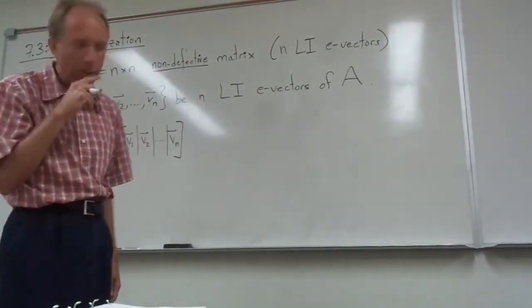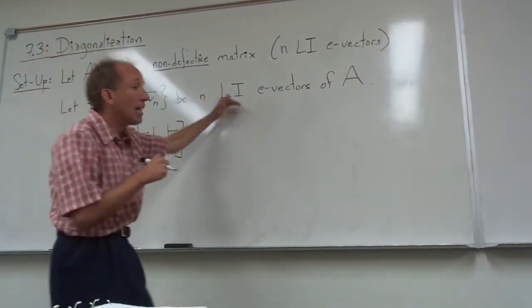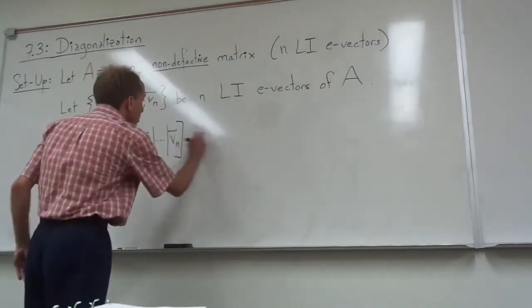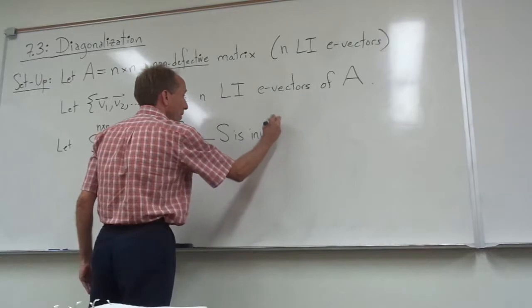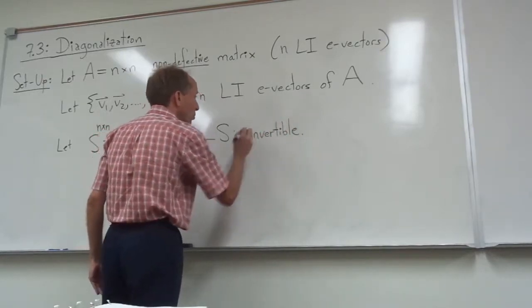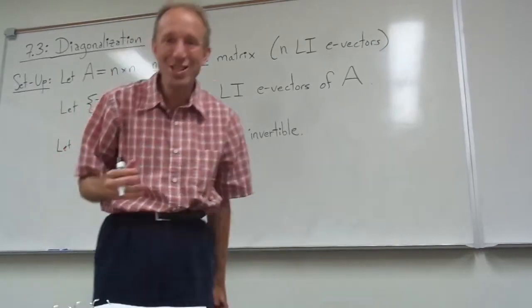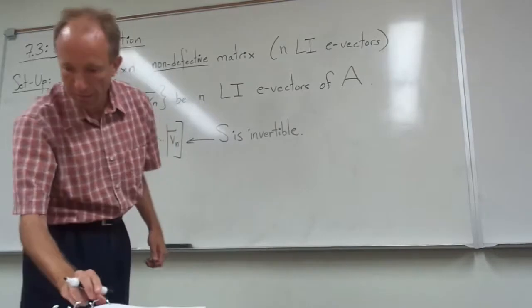Now, because these columns are linearly independent, one of the things we know is that this matrix is therefore invertible. So S is an invertible matrix, and in a few minutes we're going to see S inverse showing up in the problem.